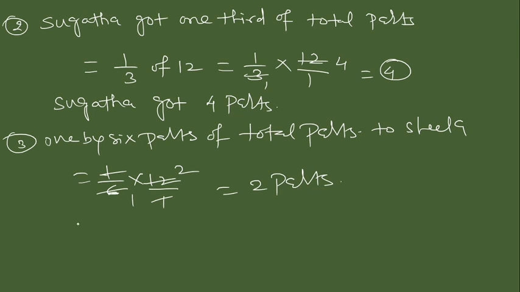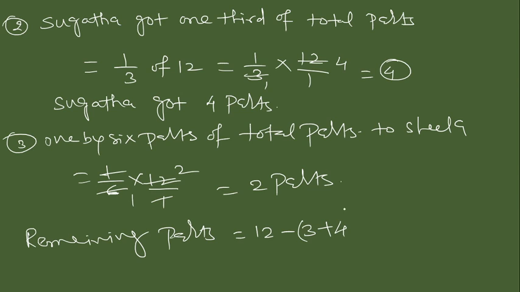given to Sheila, and remaining. So the total part, the remaining part: 12 minus the first 3 parts eaten by Raji, then 4 parts eaten by Sugatha, and the last one is 1 by 6th part, that is 2 parts eaten by Sheila.